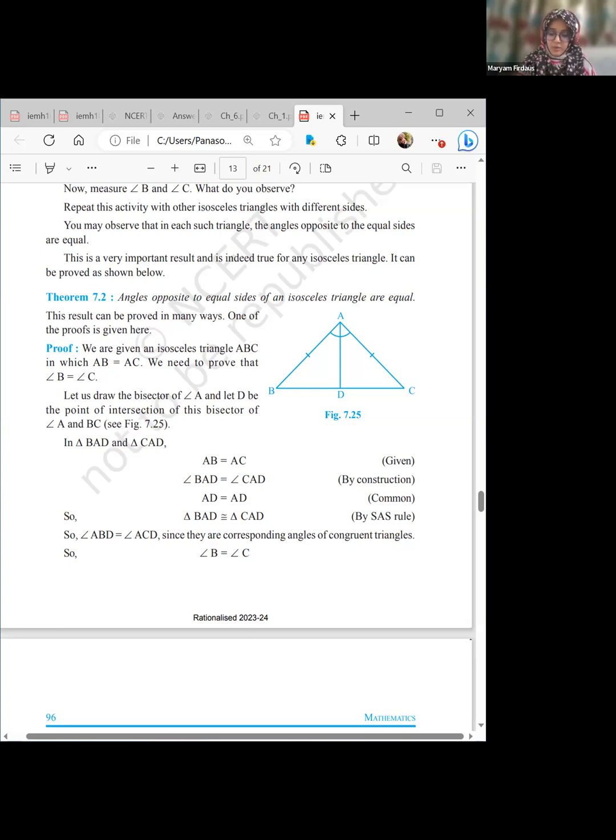So this is given to us: triangle ABC. What is given? Let me first write given. AB is equal to AC. Oops, sorry.